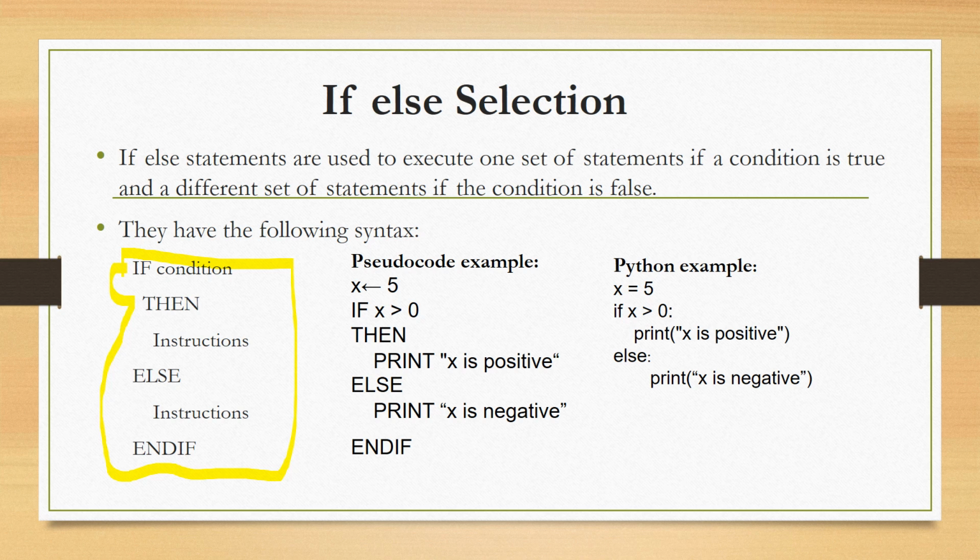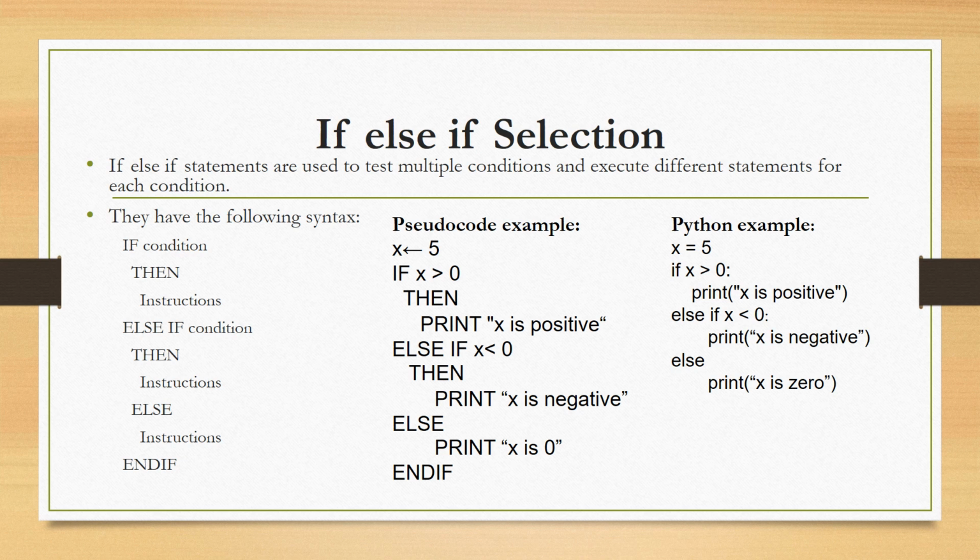If this condition is not true, then the else part will be executed. Else, instruction. We will be taking the previous example. X equals 5. If x is greater than 0, then print x is positive, else print x is negative. But currently, we will be displaying x is positive because x is greater than 0.